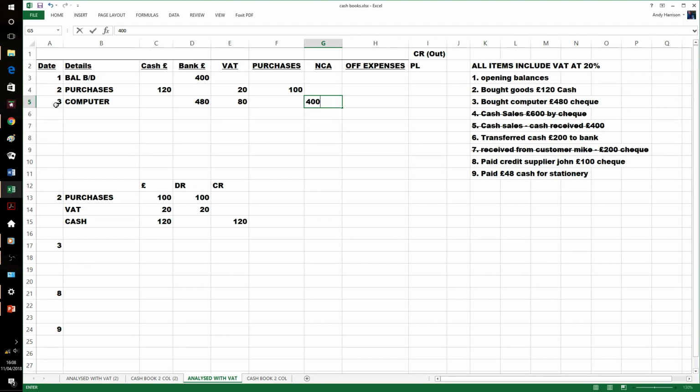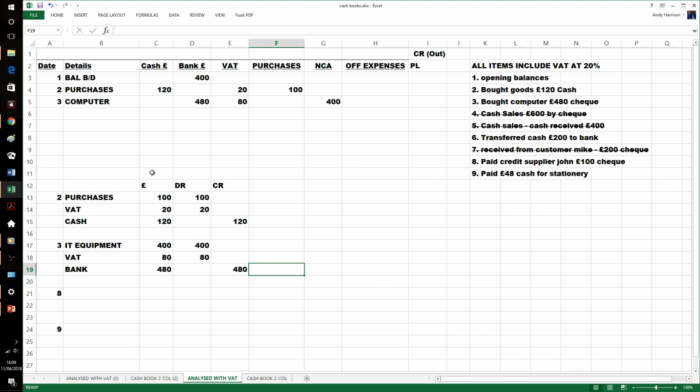IT equipment or office equipment, whatever the appropriate ledger is, that's the 400, we're taking out the VAT. And this is now bank, of course, 480. There we are. So we've done our double entries: debit the IT equipment, debit VAT, credit the bank, which we've done because this is all credit entries.